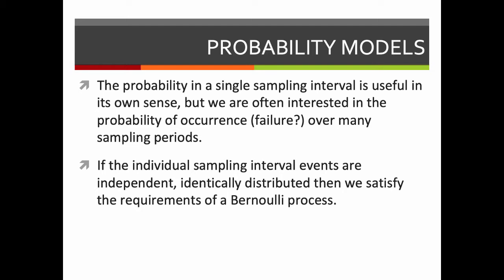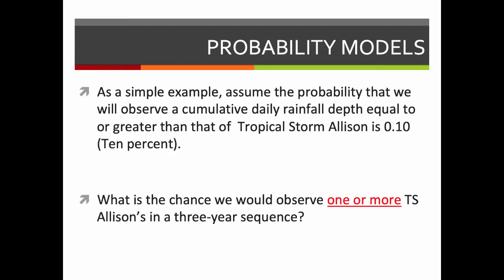If the individual sampling interval events are independent and identically distributed, then we satisfy the requirements of a Bernoulli process. And as a simple example, let's assume that the probability that we observe a cumulative daily rainfall depth equal to or greater than Tropical Storm Allison is 10%.